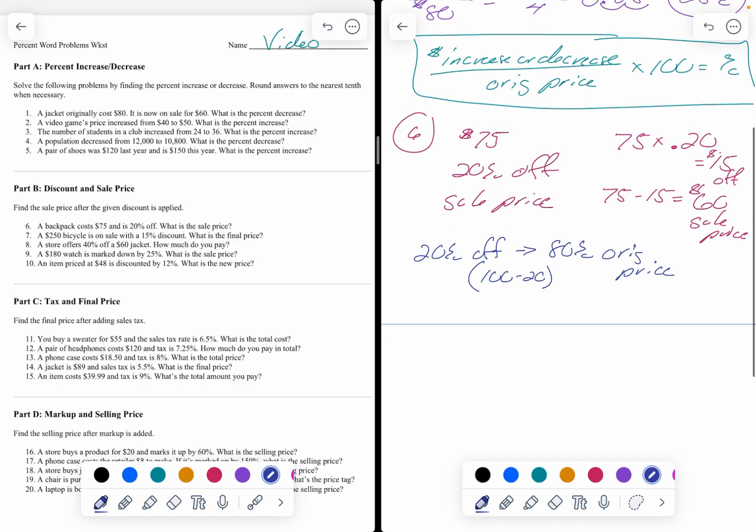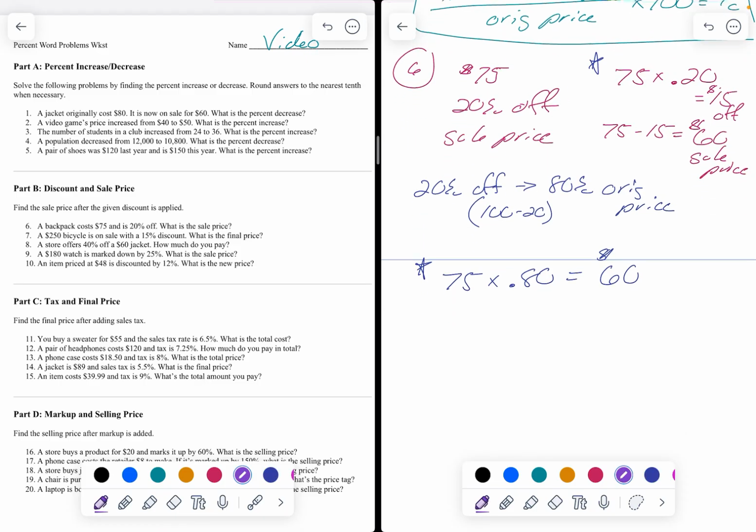So we could do $75 times 80%. And let's see, $75 times 0.8, guess what? We get $60. So you could do it either way. You can find the percent and subtract, or you could subtract the percent from 100 and see what percent of the original price you actually are paying.